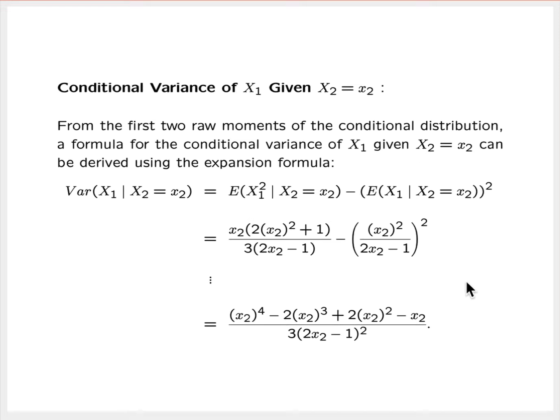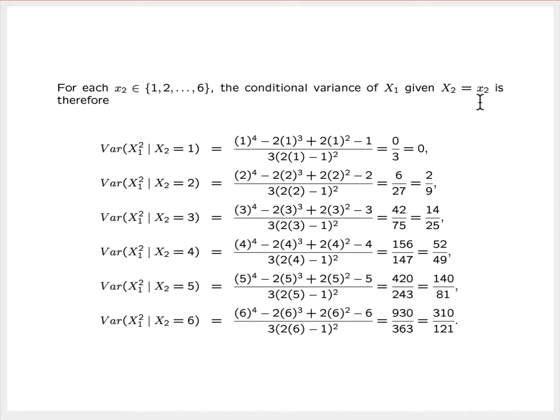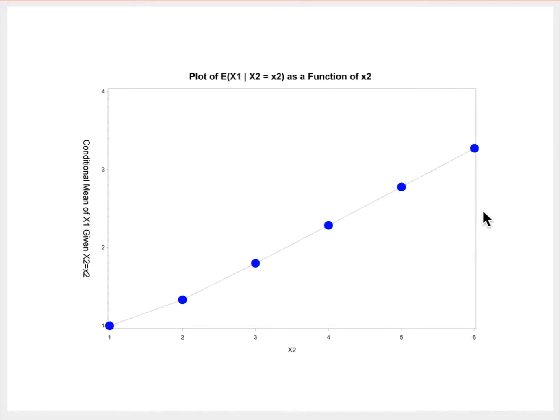So utilizing those formulas, we get this formula here, which we can then use to calculate the variance. And so these are the values for the variance of the conditional distribution of x1 given x2. And you can see that the conditional variance does in fact depend on the value of x2 at which we're conditioning. And so it's a function of x2.